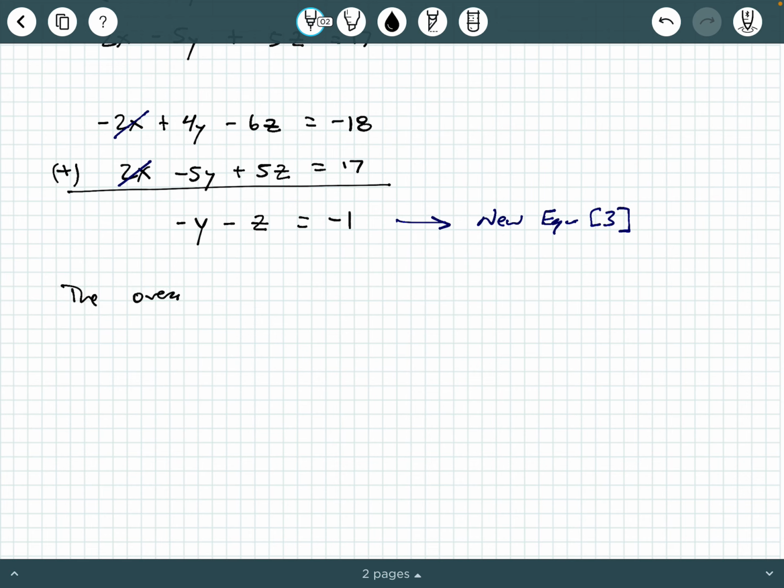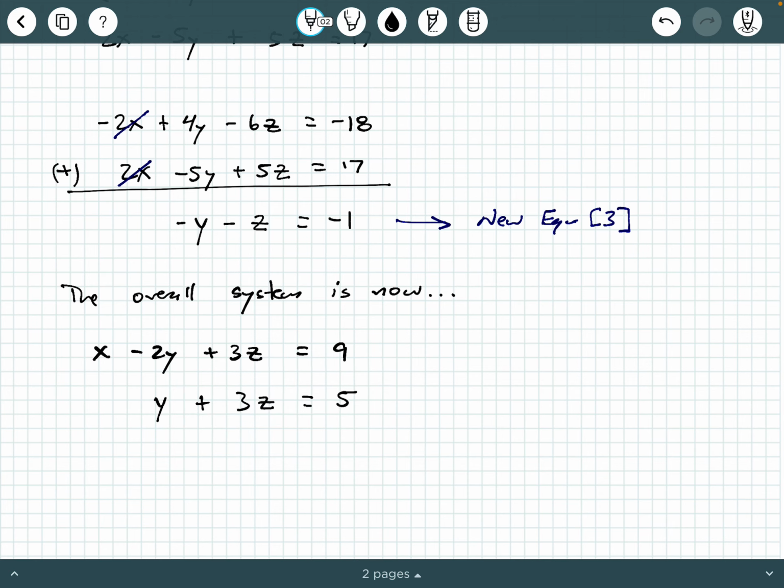The overall system is now x minus 2y plus 3z equals 9. Again, we have not permanently changed equation 1. Equation 2 from several steps ago was y plus 3z equals 5.